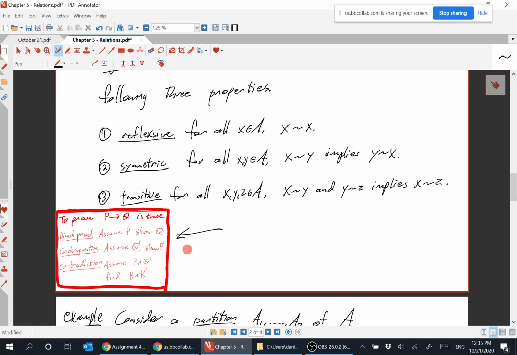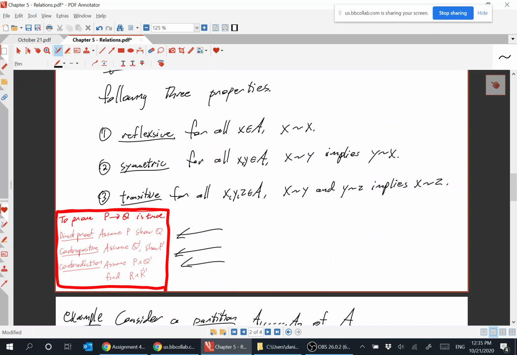All right. So what is the first sentence of a proof of this supposed to be? To prove P implies Q, assume P is true, show Q is true. Or assume Q is false, show P is false. Or assume P is true and Q is false, find a contradiction.